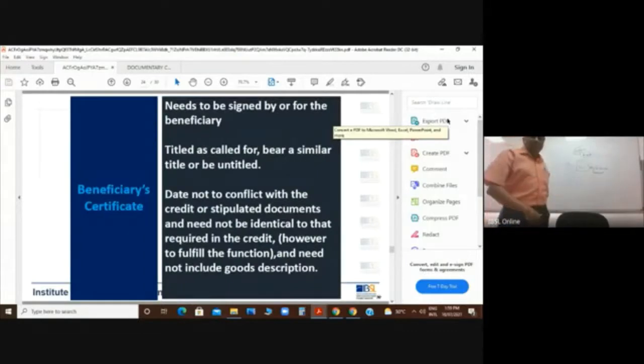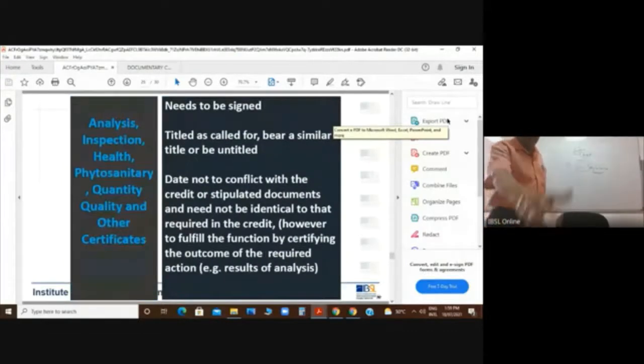Then beneficiary certificates, analysis certificate, inspection certificate, health certificate, phytosanitary certificates, quantity, quality, all sort of documents are there in international trade operations, right? And especially if it comes to a certificate, make sure that it has to be signed. It has to be signed.